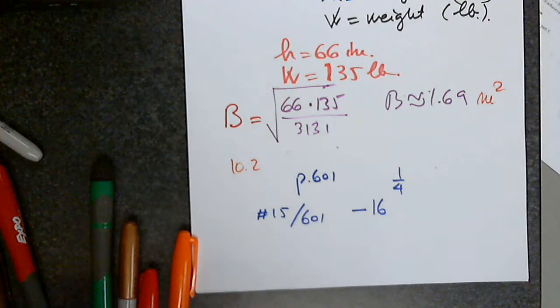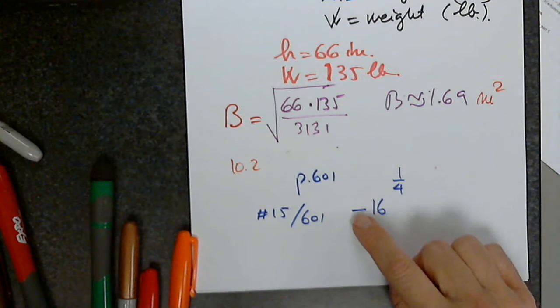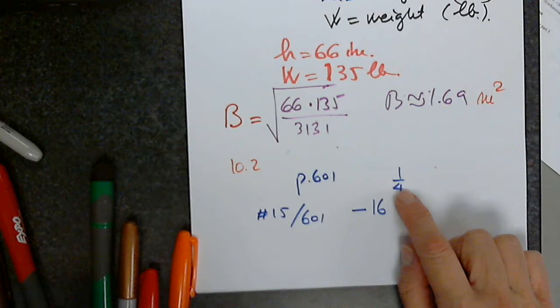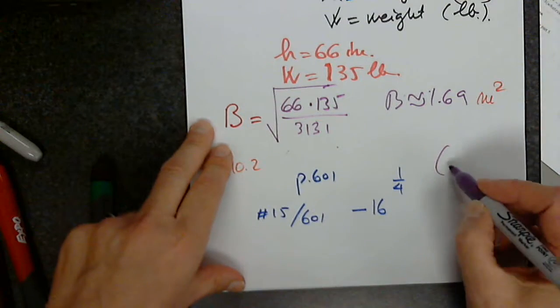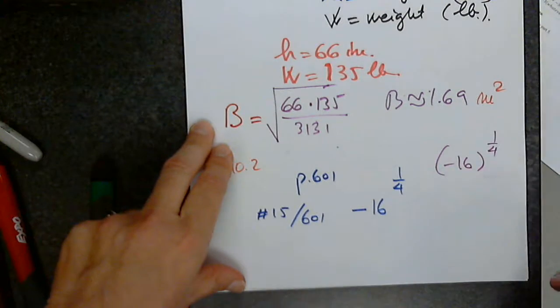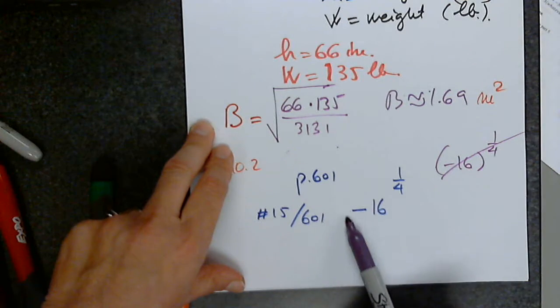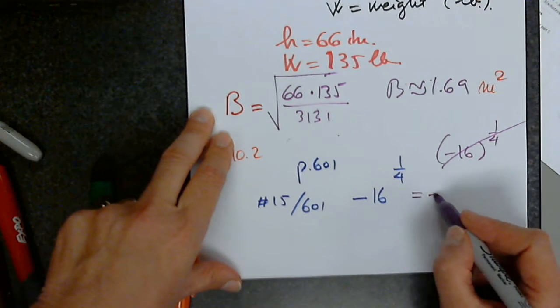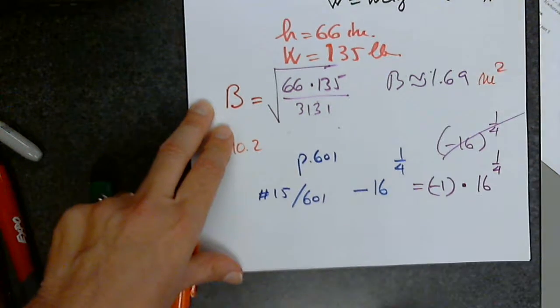Take 16, raise it to the power of 1/4, and then multiply by negative. As you see, the negative sign in front and the power have nothing in common. This is not to be confused with parentheses around negative 16, which will not even be a real number. There are no parentheses, so this is really nothing else but negative 1 multiplied by 16 to 1/4.